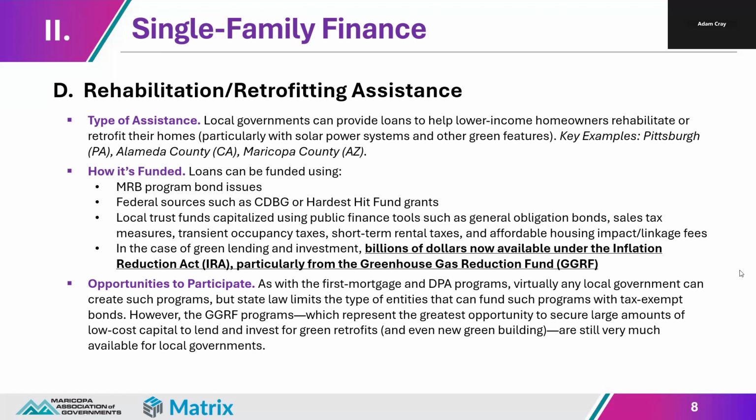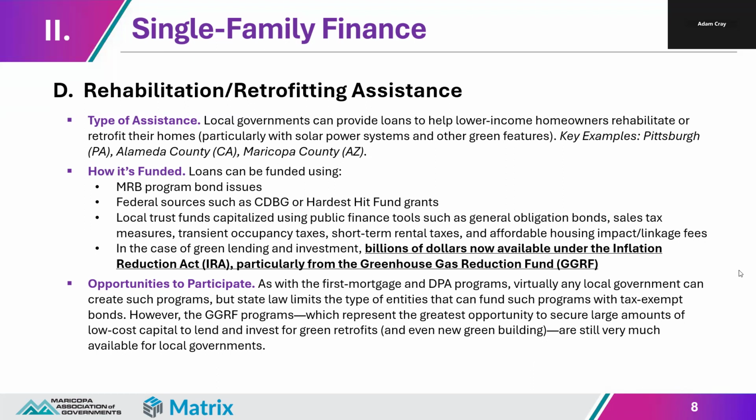They can be funded with the same kinds of sources I talked about before, MRB issuances and federal sources like CDBG, and of course those public finance sources that I mentioned that require some political will to get done. But importantly here, particularly with respect to green lending and investment, we are in a moment of opportunity to fund those programs.